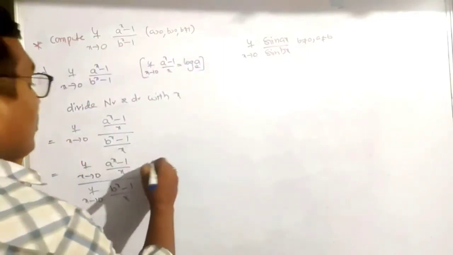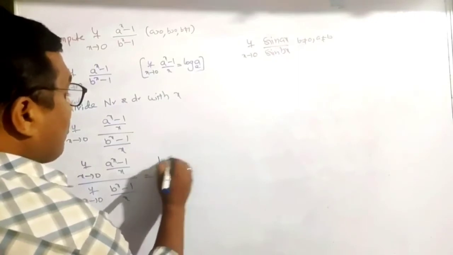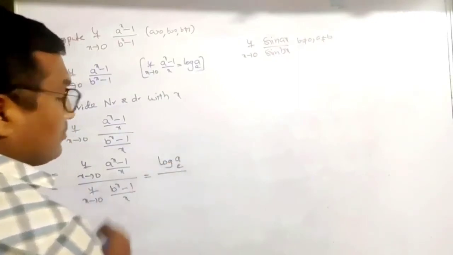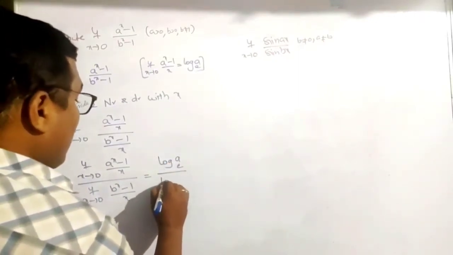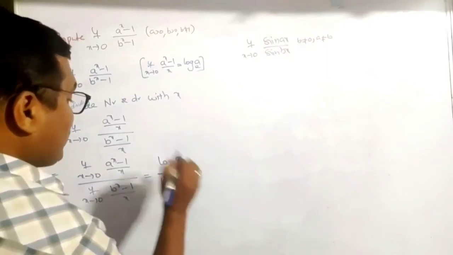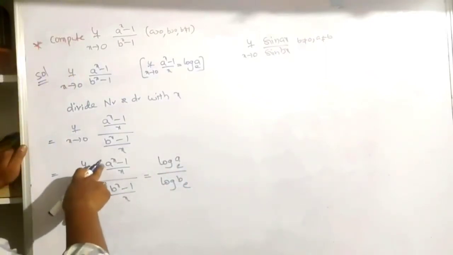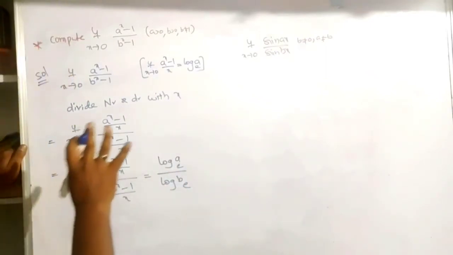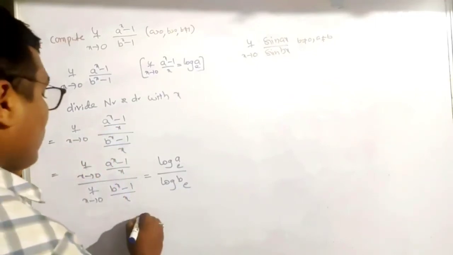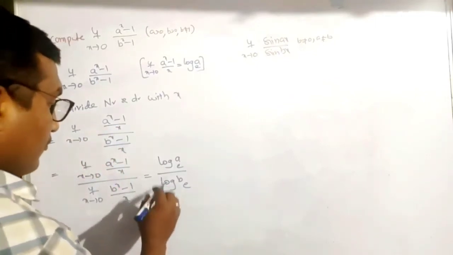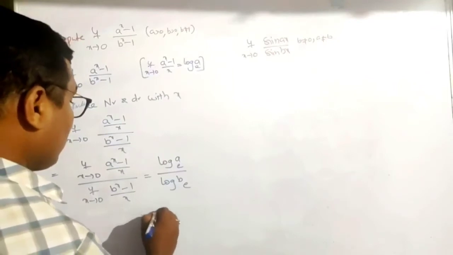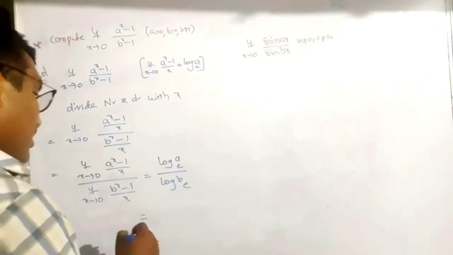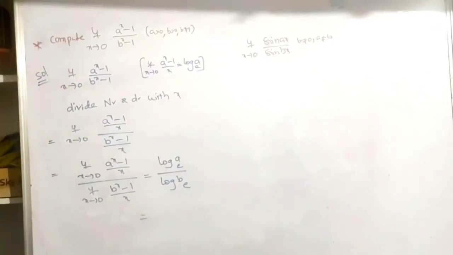That will become log a base e by log b base e, because in the place of a we have b and the remaining stays the same. Therefore, this is the answer.